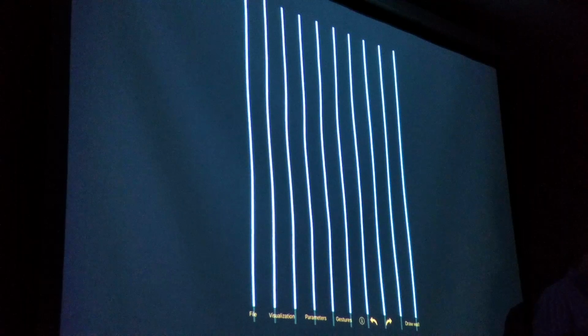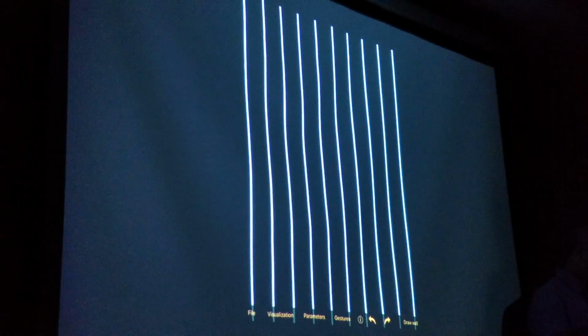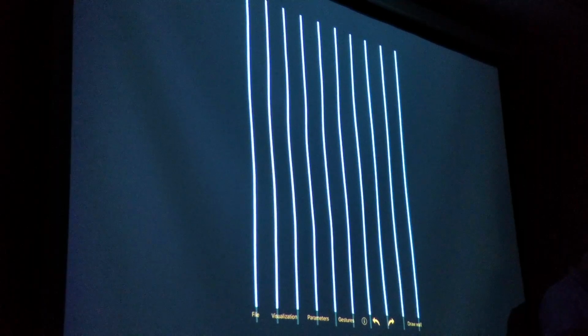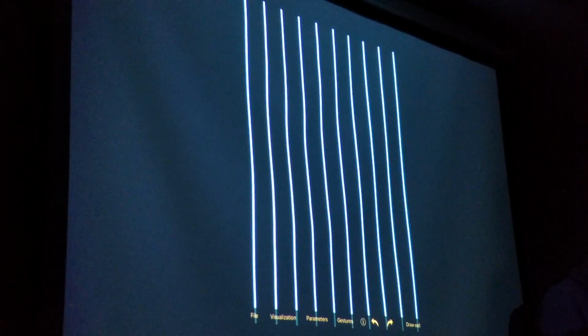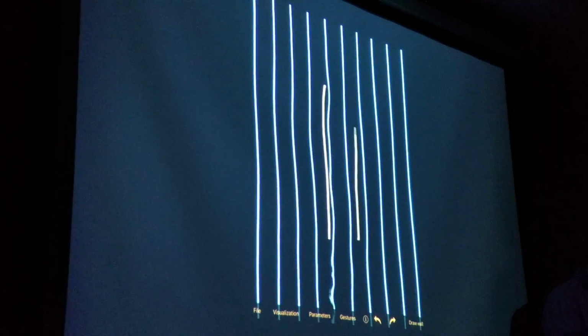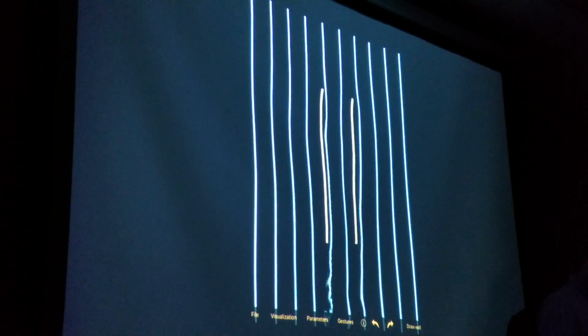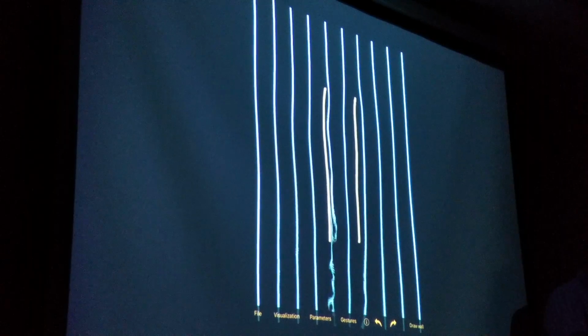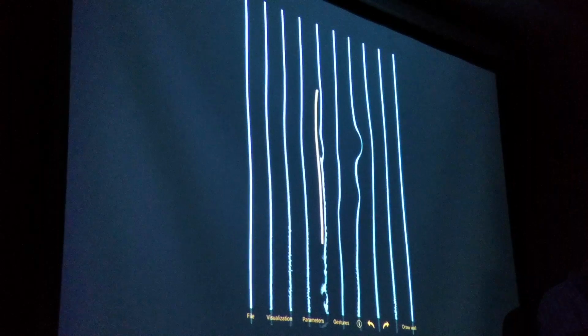Okay. So now let me draw a tube here. Make that a little narrower.